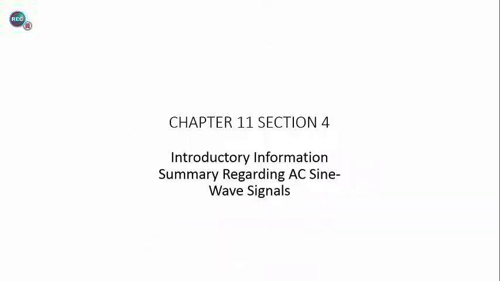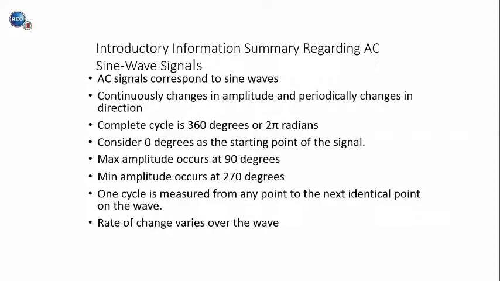This is section 4. It's called Introductory Information, Summary Regarding AC Sine Wave Signals. And so these are some of the things that we've learned so far, and we'll summarize them here. AC signals correspond to sine waves. As a conductor rotates in a magnetic field, the voltage induced in that circuit is going to be a sine wave.